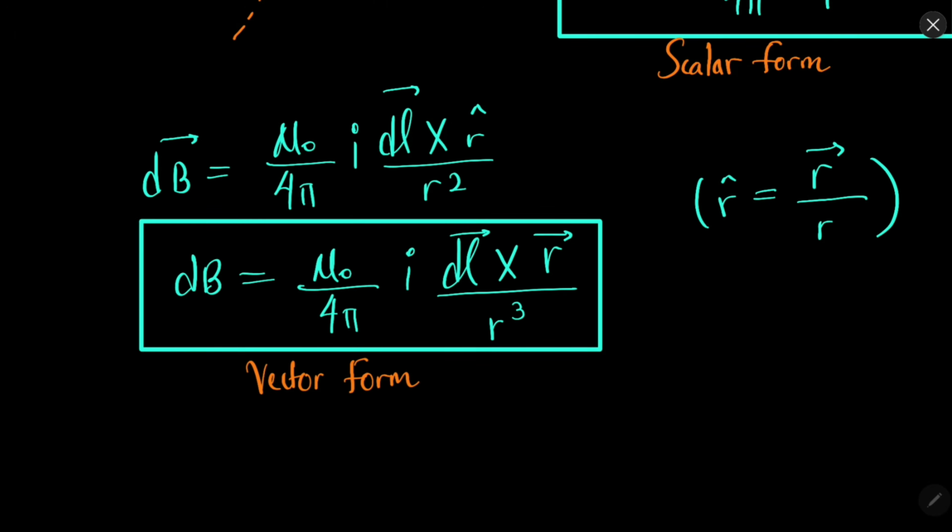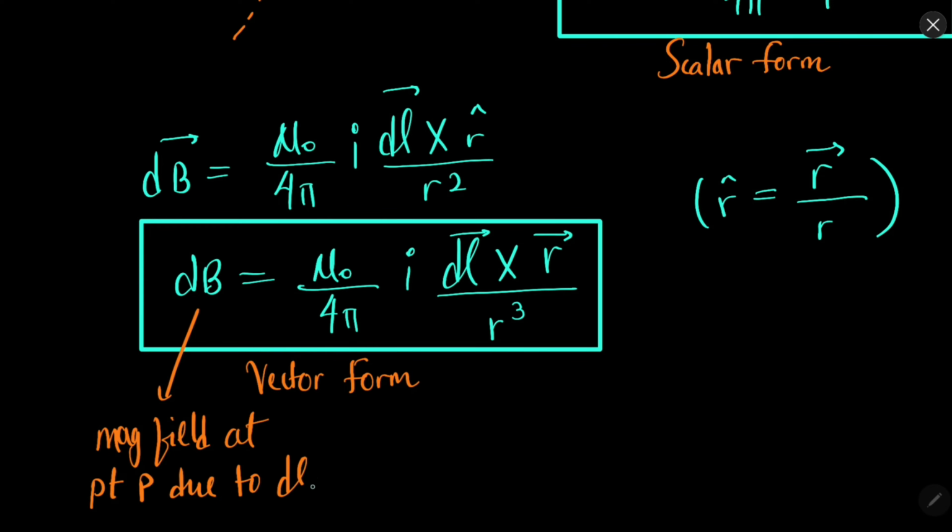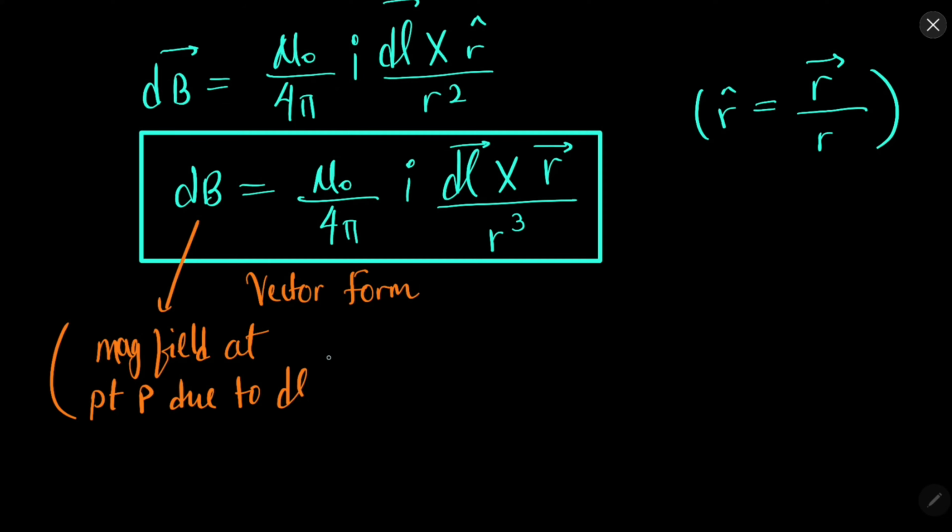Remember, this is the magnetic field at point P due to a small length of wire dl, and obviously if you want to completely calculate it, you need to integrate.